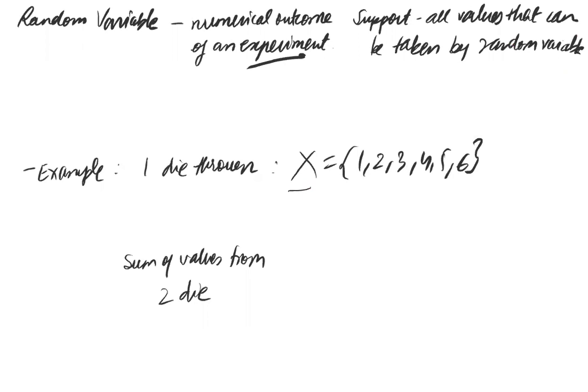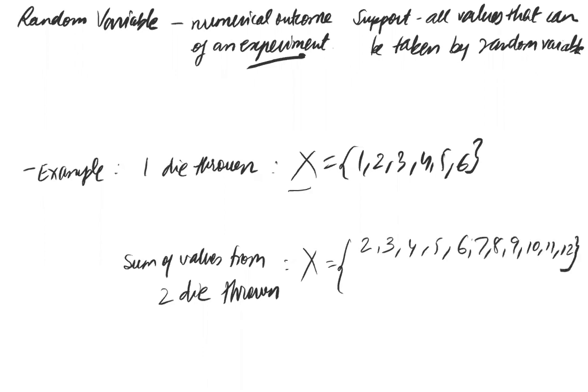Next question, the sum of the values from two dice that are thrown or rolled. So let X be the random variable that is the sum of values from two dice. The values would be 2, 3, 4, 5, 6, 7, 8, 9, 10, 11, 12.